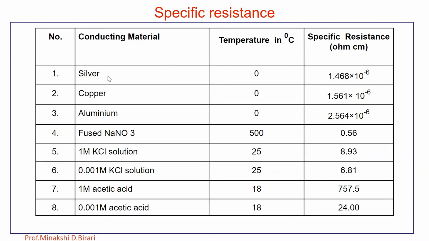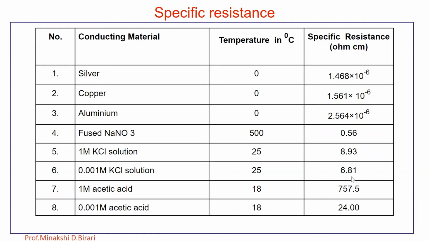Here in this table, silver, a conducting material, has specific resistance 1.468 into 10 raised to minus 6, then copper 1.561 into 10 raised to minus 6. 1 molar KCl solution at 25 degrees Celsius temperature has a specific resistance of 8.93 ohm centimeter. 1 molar acetic acid has 757.5 specific resistance, and when we consider 0.001 molar KCl solution, it has specific resistance 6.81.